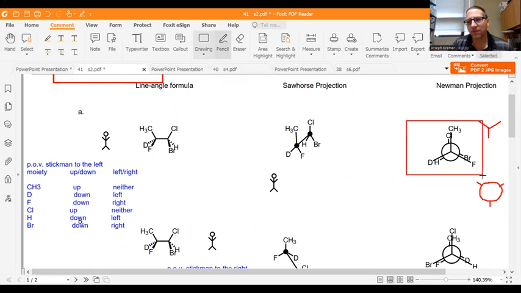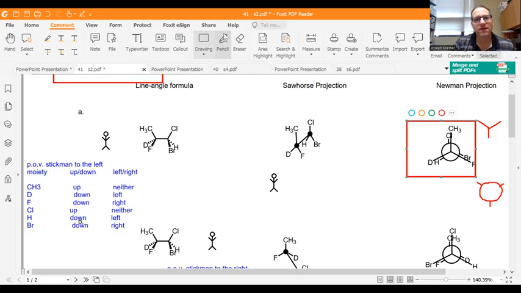We plotted this already, checking our points of view here. Looking at the CH3, we said that the CH3 from this point of view was up and neither to the left or to the right. There you go. And the fluorine was down and to the right. Here it is in real life on the Newman projection.